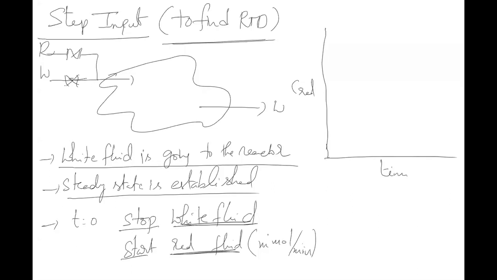How does the red fluid concentration at the outlet of the reactor behave? It slowly increases, and it reaches a steady state.